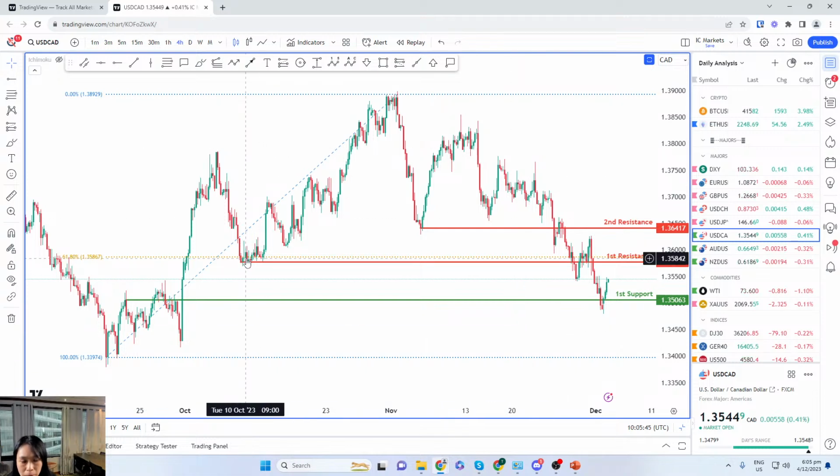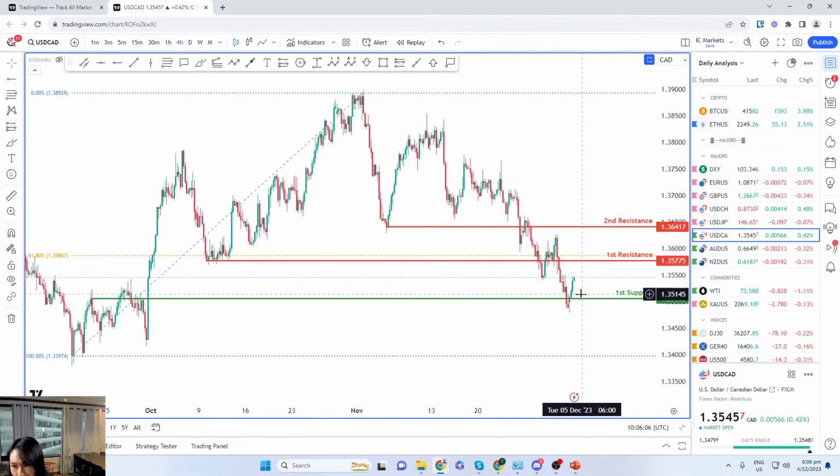Okay, so you can see the price, for our first resistance level, it aligns with the 61.8 retracement level. So I think this will be quite a strong resistance level. Most likely, the price will move up to the first resistance level and the 61.8 retracement level, before falling back down to the first support level.